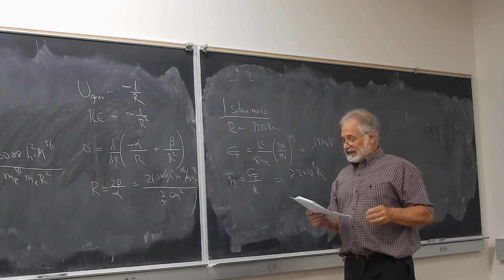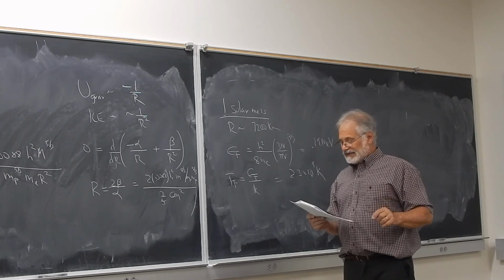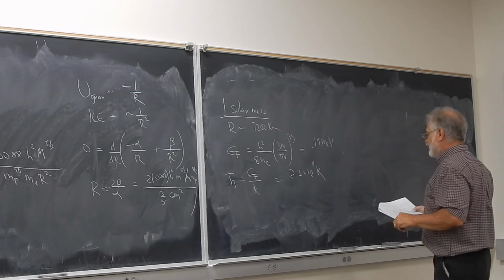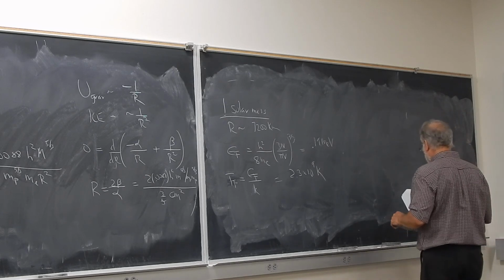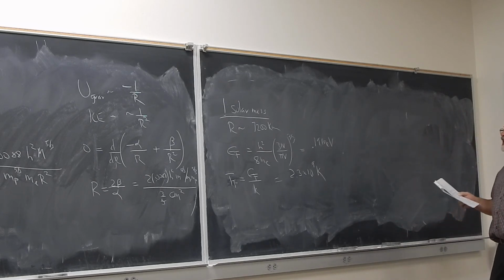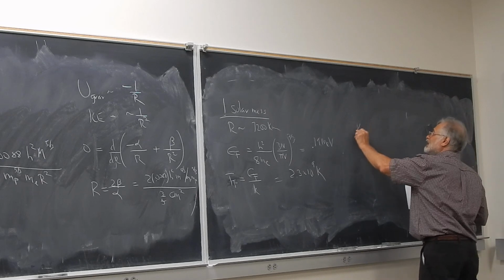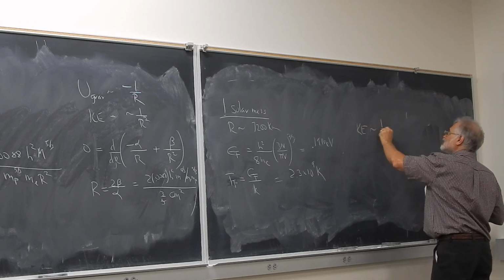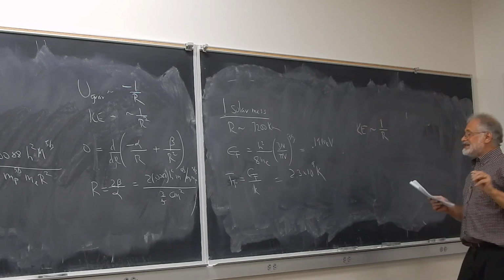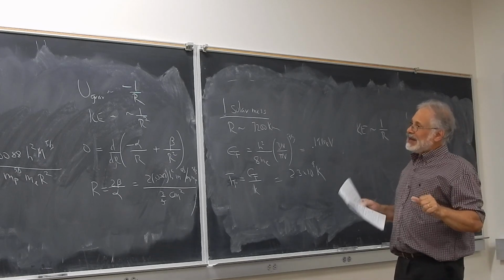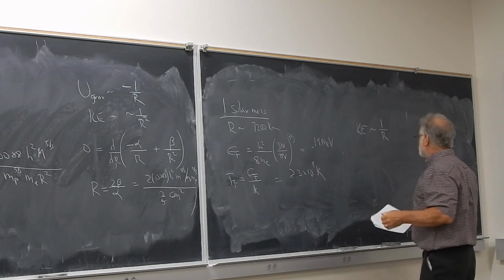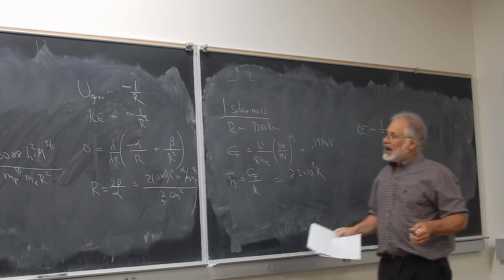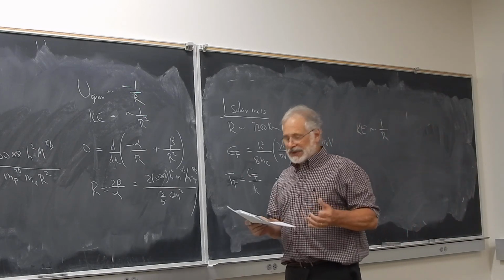If the electrons are ultra-relativistic, my kinetic energy term has to change because I have to use a different Fermi energy. What I find then is that my kinetic energy is going to be proportional to 1 over R. This is a disaster because when I try to minimize to find the radius of the star, I have a 1 over R here and a minus 1 over R for my potential energy.